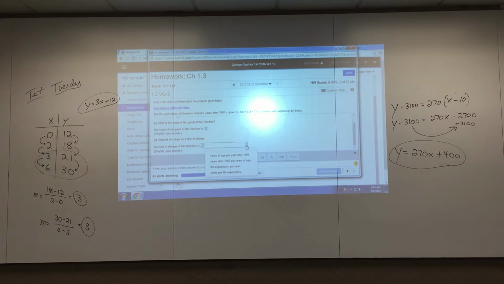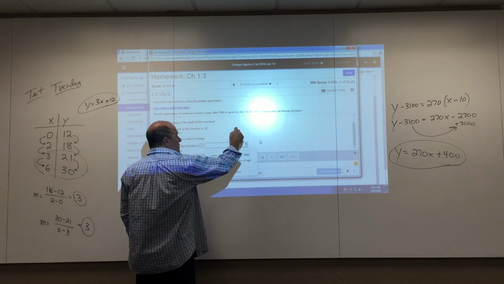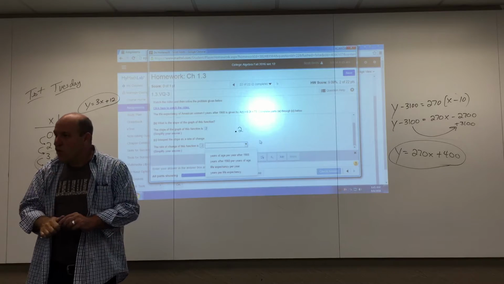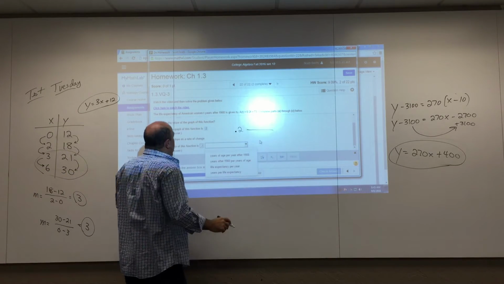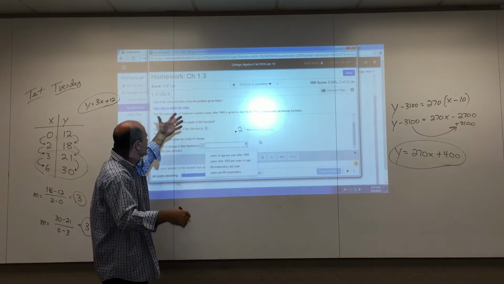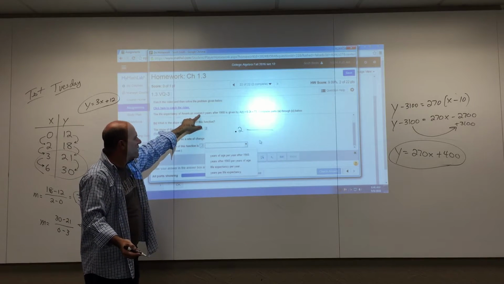They're going to make me put some words here. I wonder what the words are. Keep in mind, when the slope is 0.2, the units are the y's over the x's. Hang on. What is the y value? The y value is A of t, the life expectancy of American women.